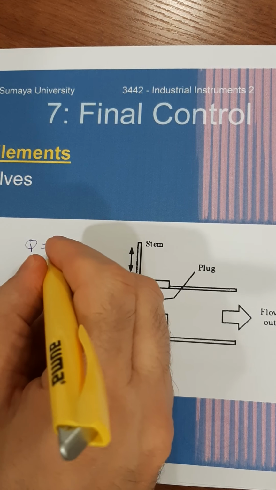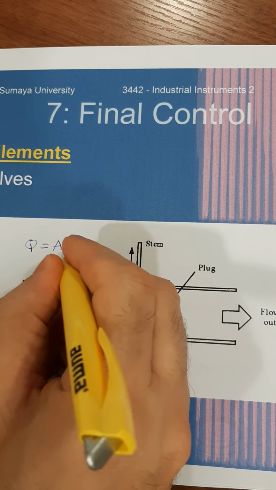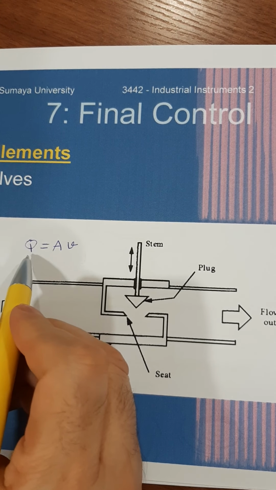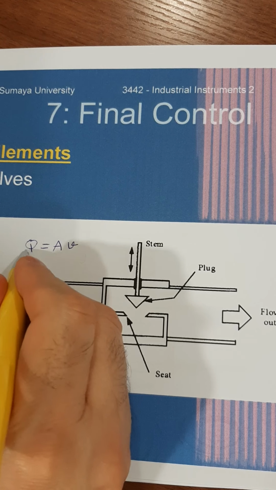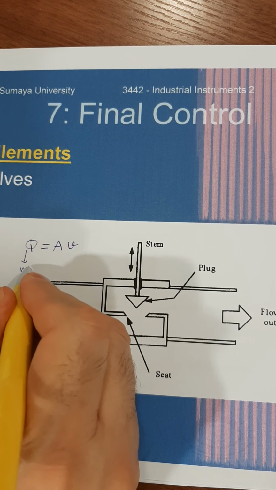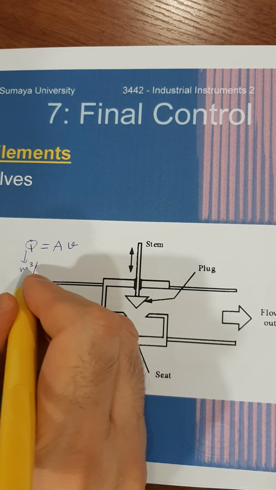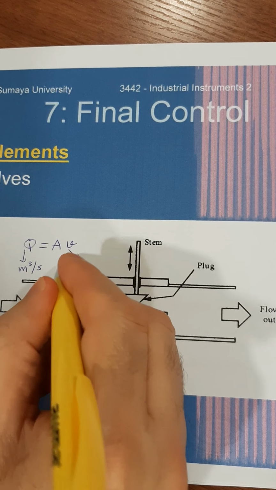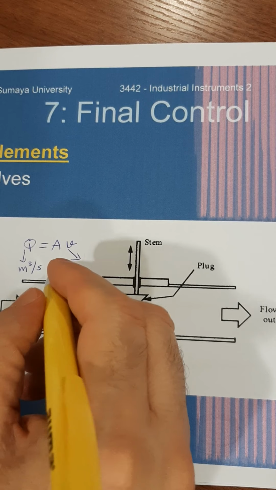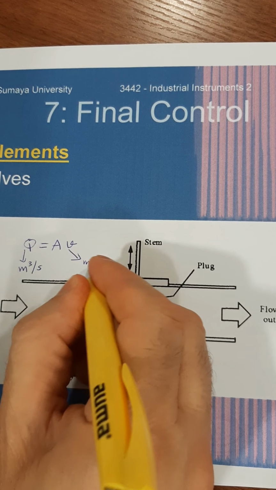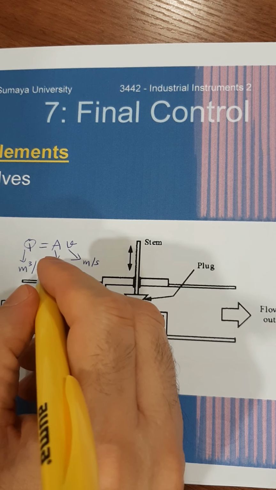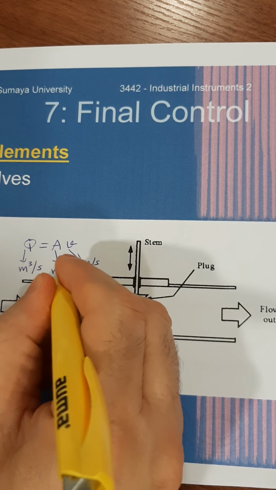So Q is equal to A V, where Q is the flow in meter cubed per second, V is the velocity of the fluid, which is in meter per second, and A here is the area of the valve, which is in meter squared.